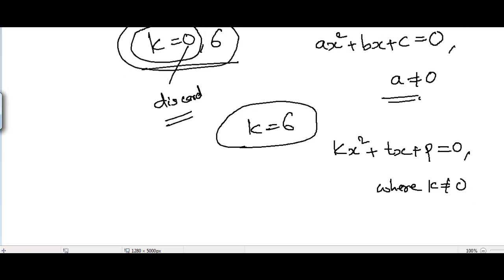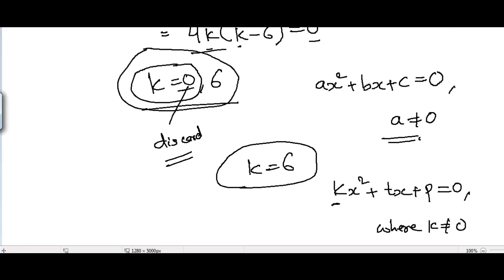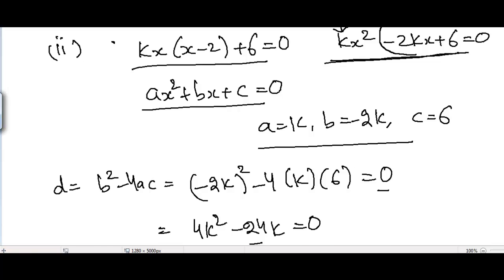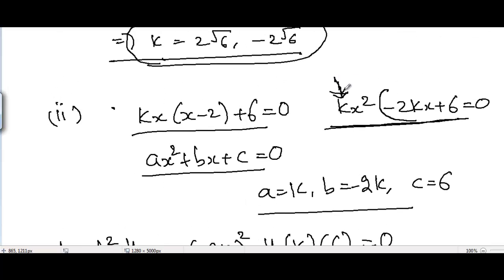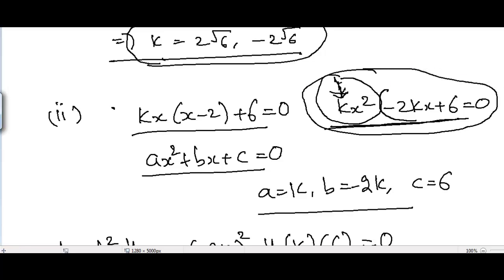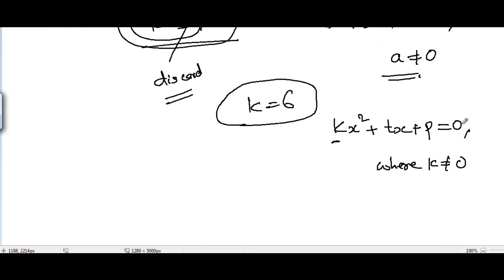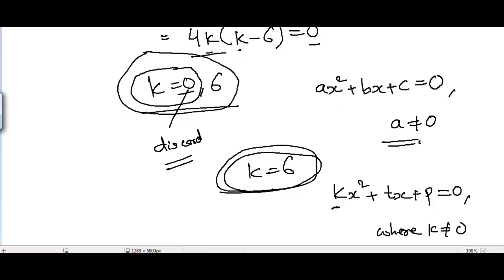So k cannot be equal to 0 here. If I get k equal to 0, I will have to write 0 here, and if this whole term becomes 0, this won't be a quadratic equation anymore. That's why k cannot be equal to 0. So I only need to consider k equal to 6, which is the solution of the second part.